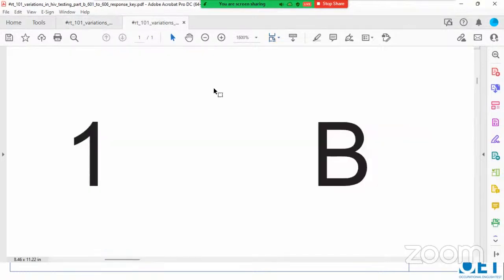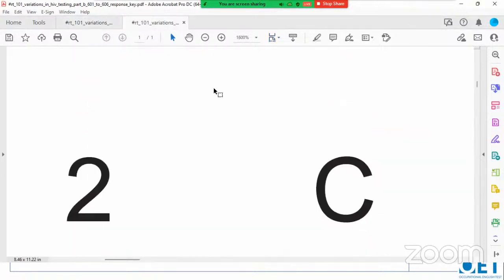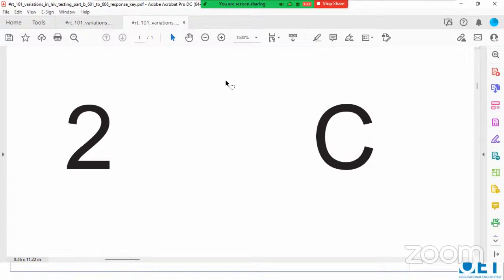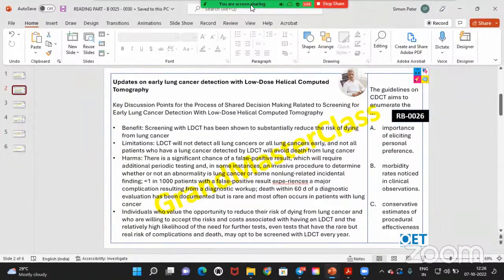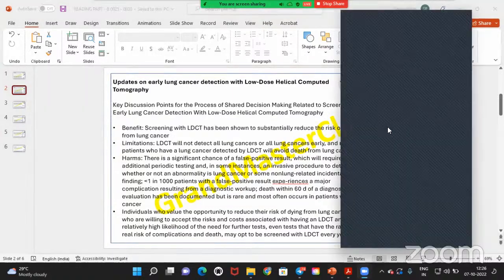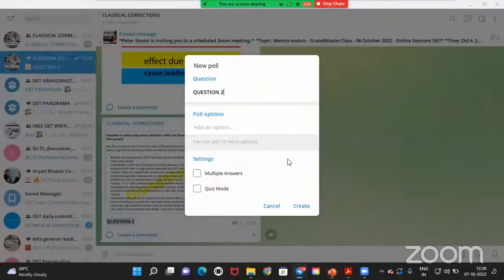So question number 2, the answer is C. Yes, the answer is C. So Uppula Srilata and Sophie Dyson, both of you are right. The answer is C. Now let us see why C is right.